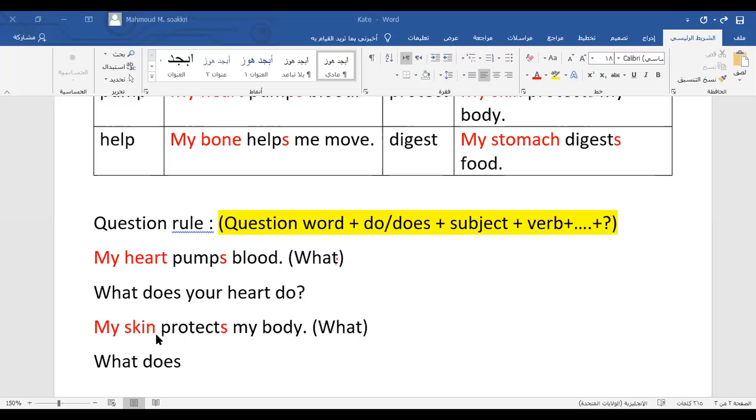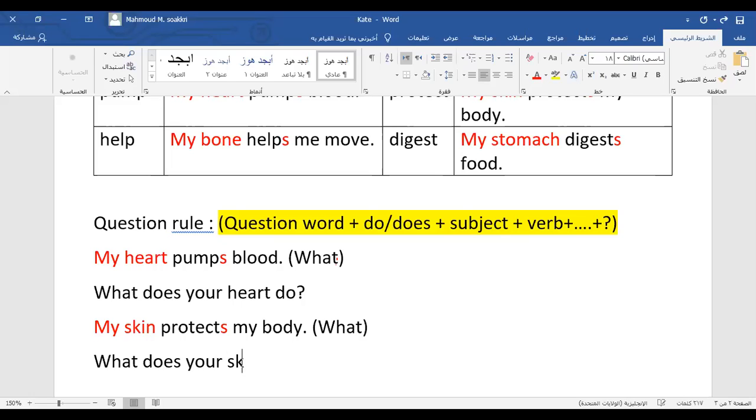My skin. Excellent. When you speak, you say my skin, right? When I ask you about my skin, or about your skin, in the question do I write my skin or your skin? Be specific, please.